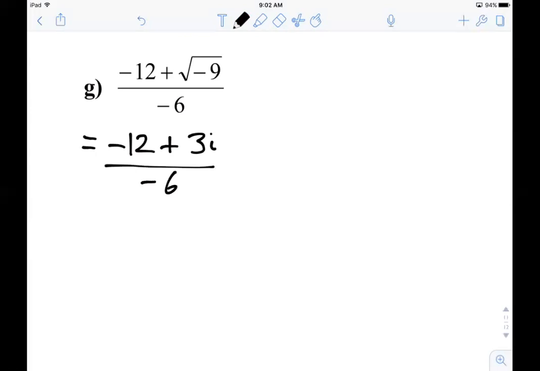Now I'm going to try and do some common factoring. For example, I could common factor out a negative 3 on top. I could also just factor out a 3 on top if I want, but I'm going to factor out a negative 3 just so that it can help to reduce and get rid of the negative that I also have in my denominator in my final step. So I'm going to factor out negative 3, and that leaves positive 4 minus i, all over negative 6.